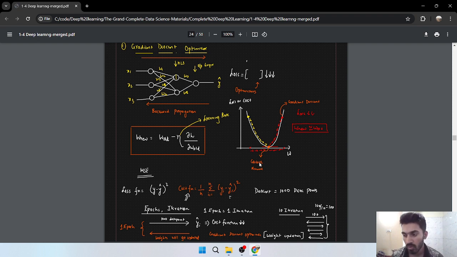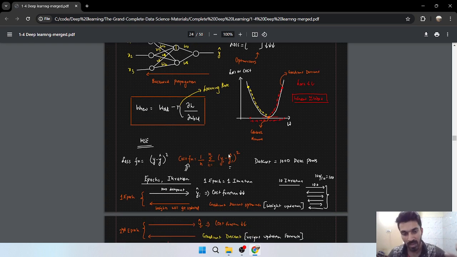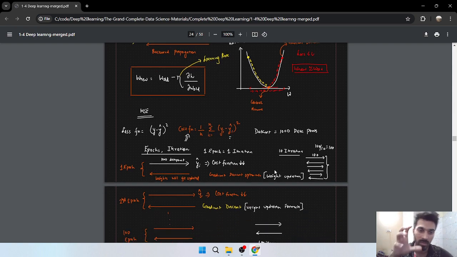Suppose you don't have this much GPU, and your RAM requirement is also a problem. Hardware requirement here is a problem, because hardware nowadays is very high, but in future it will decrease somewhat. In gradient descent, we pass all the records at a time, then pass this loss function, and then update our weights.